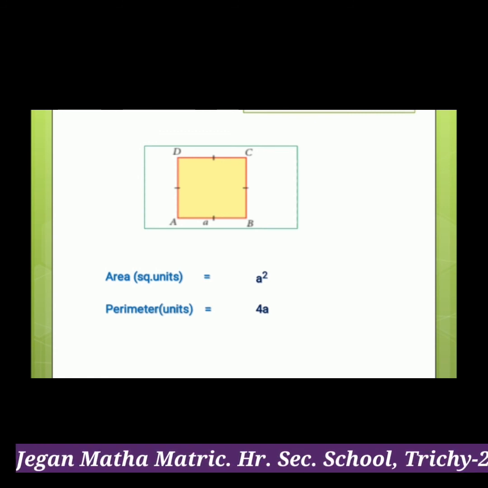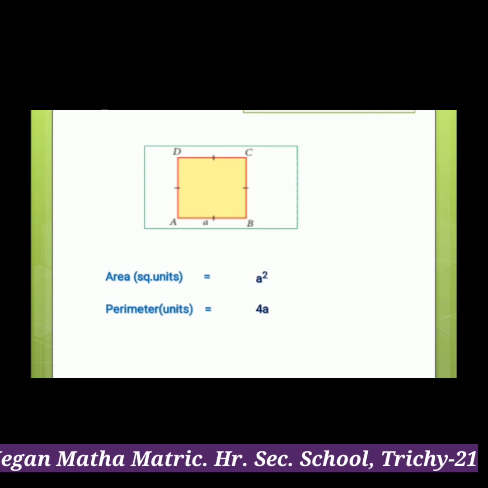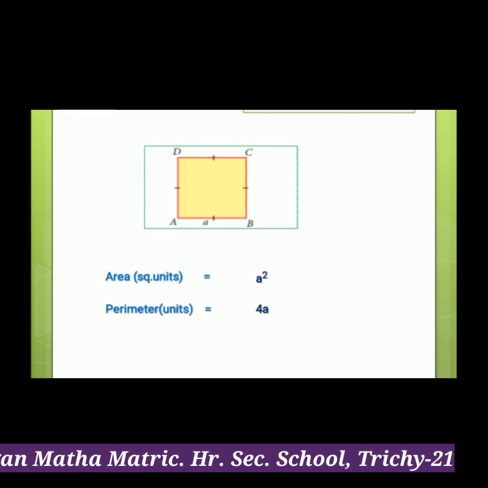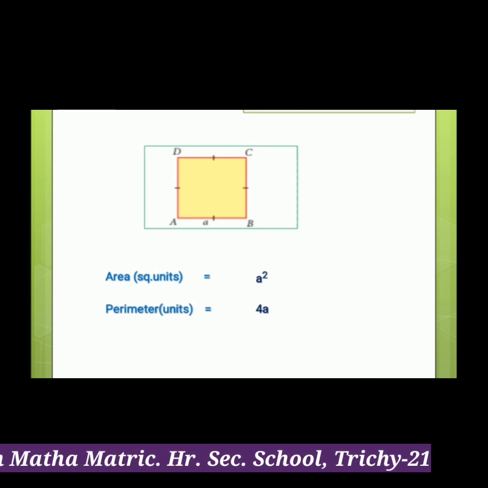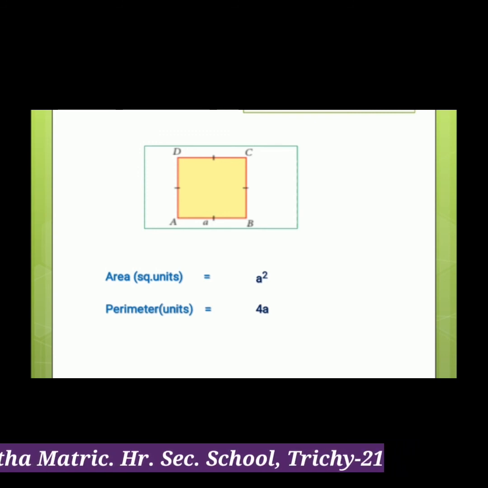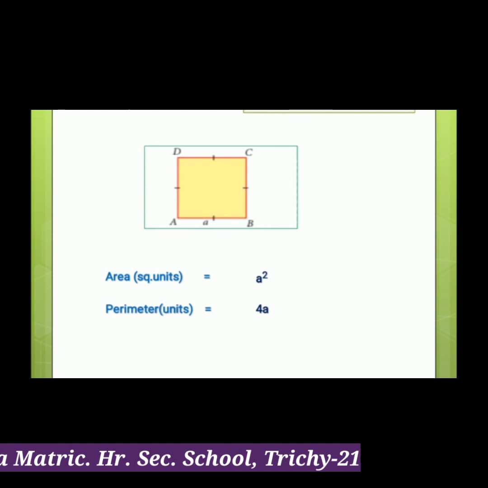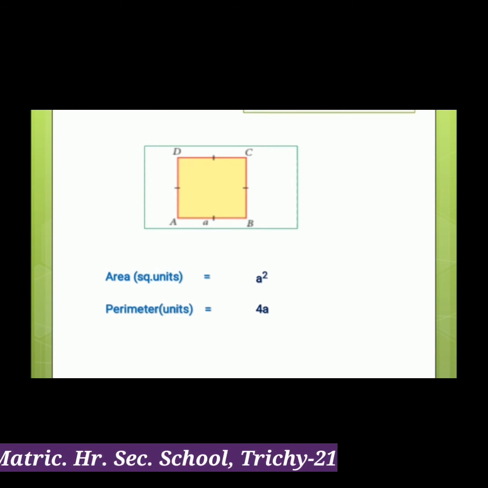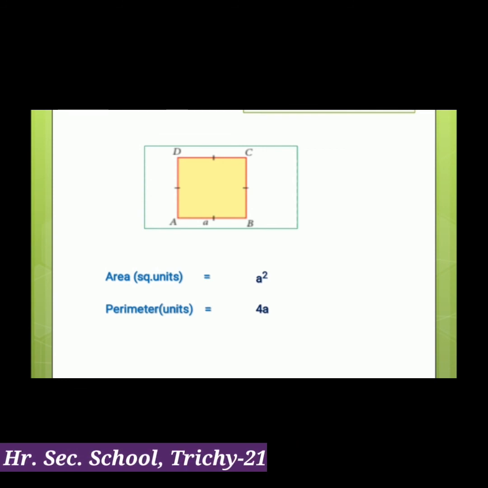Here AB is parallel to CD, BC is parallel to AD. Area of the square is equal to side multiplied by side square units, that is a square units. Then how to find the perimeter of the square? The perimeter is equal to 4 into 1 side units.